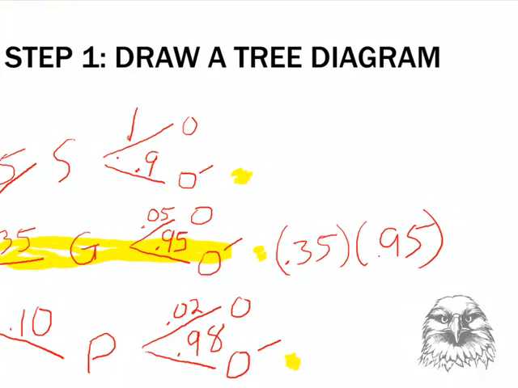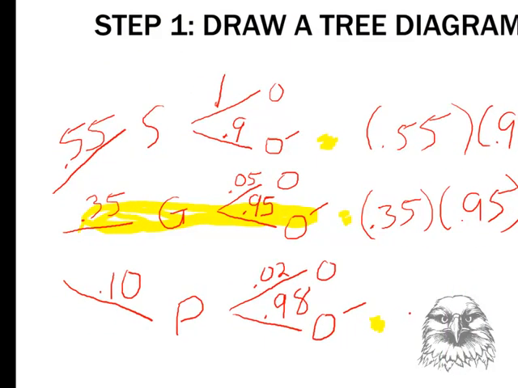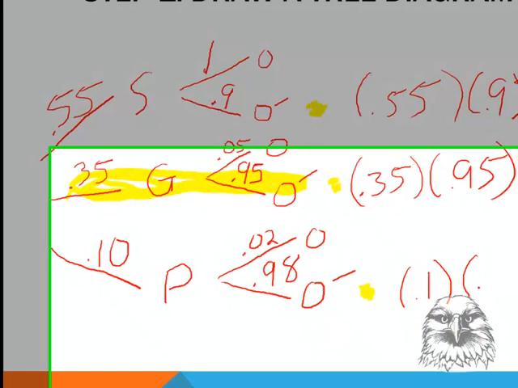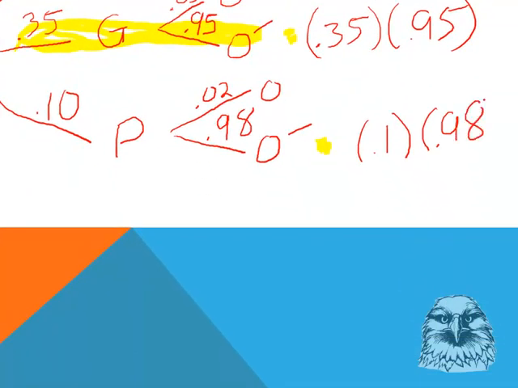The probability of silver and not overdue is 0.55 and 0.9. And then the probability of not overdue with it being platinum is going to be 0.1 times 0.98. So these are the decimals that we're going to have to use in our formula. These are the multiplications.